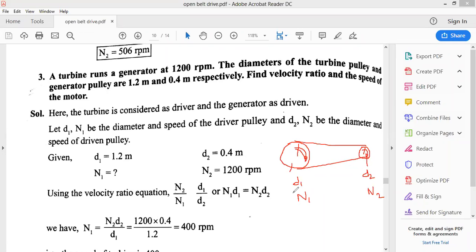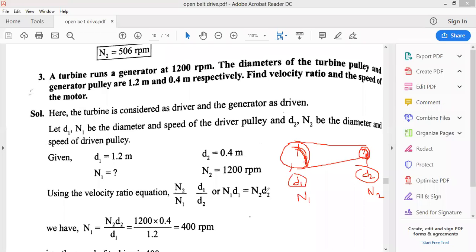These four things are what we require. If the bigger pulley makes one rotation, the smaller pulley has a lesser diameter, so it is going to make more than one rotation. So this depends upon the diameter of the pulley.